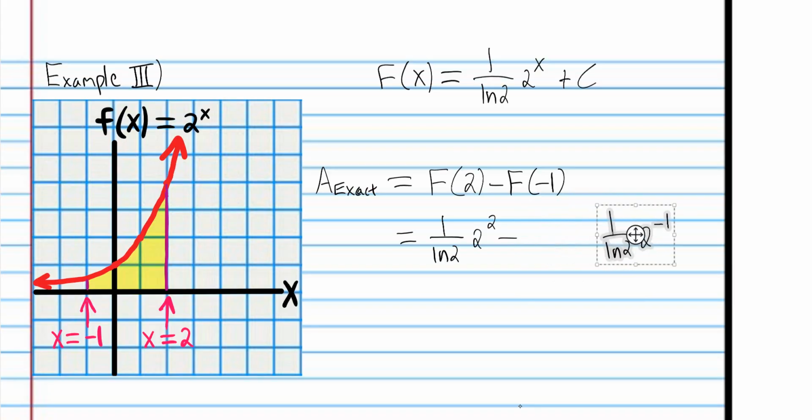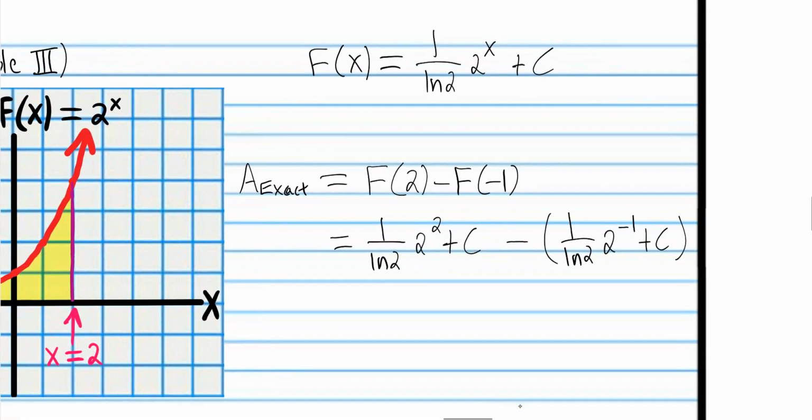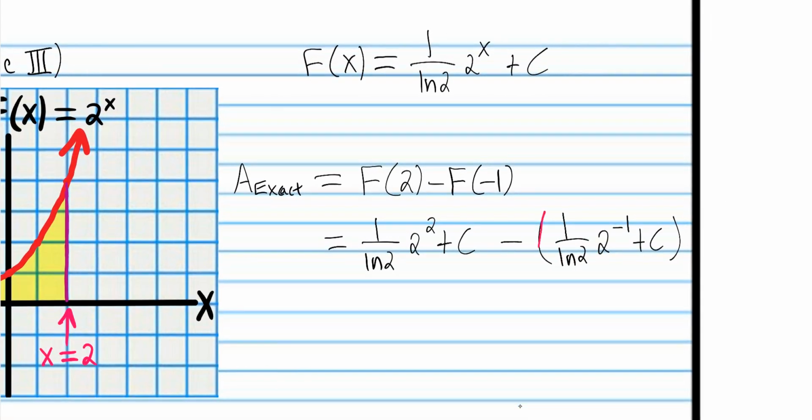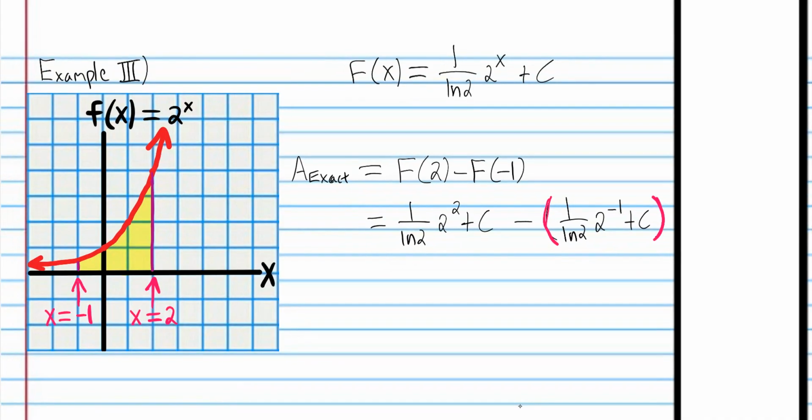You don't really need to write the c's because they cancel out, but for now I just want you to see how they cancel out. So I'm going to keep writing those. And it's so important to put these parentheses. Do not forget to write those parentheses.